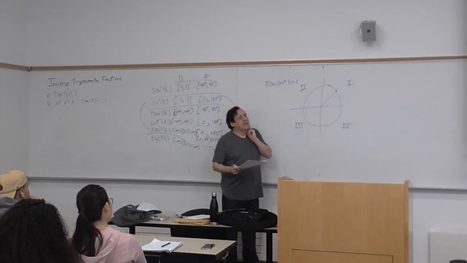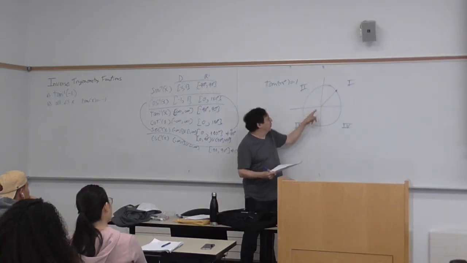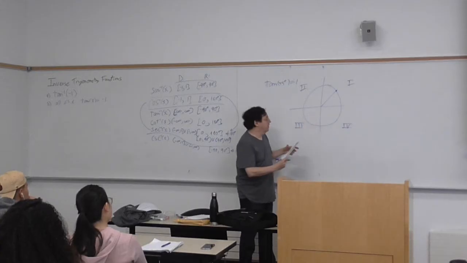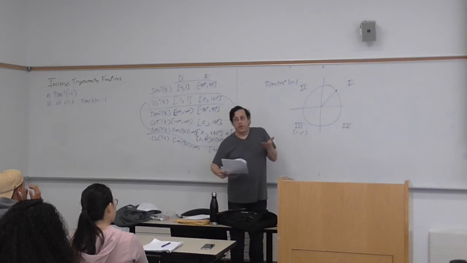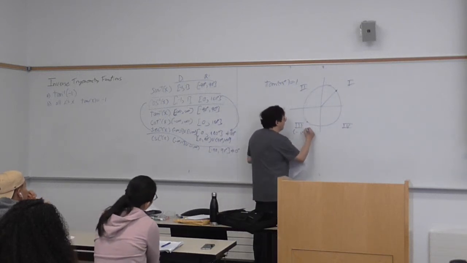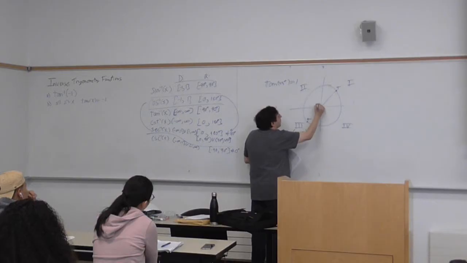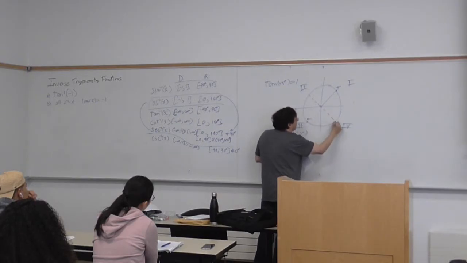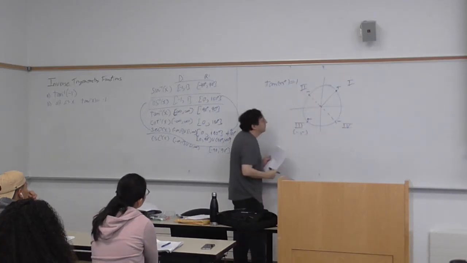No. But you could guess. I mean, the sine and the cosine are both negative down here, right? But the tangent is the sine over the cosine. So the tangent is positive here. It's positive here. So we know it's going to be negative here, and it's going to be negative here.